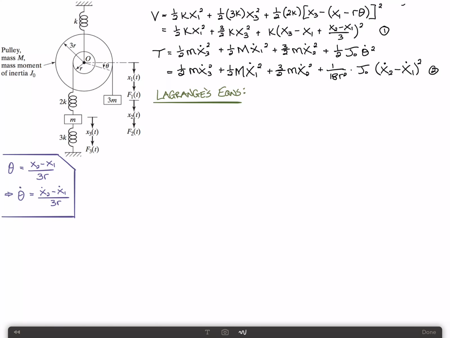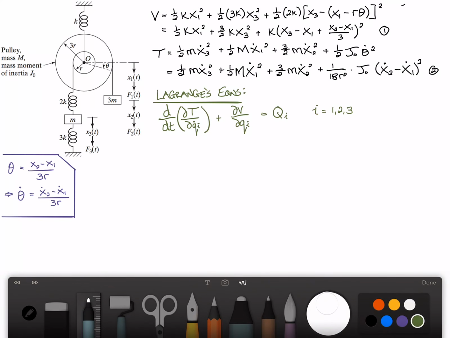All right, and since T is just a function of the velocities and V is just a function of the displacement, I can write Lagrange's equations in this form: time derivative of partial T partial q dot i plus partial V partial q i is equal to the generalized force, capital Q sub i, where i is equal to 1, 2, 3. Okay, I just put it in green so I could keep it separate. Let me change back to black.